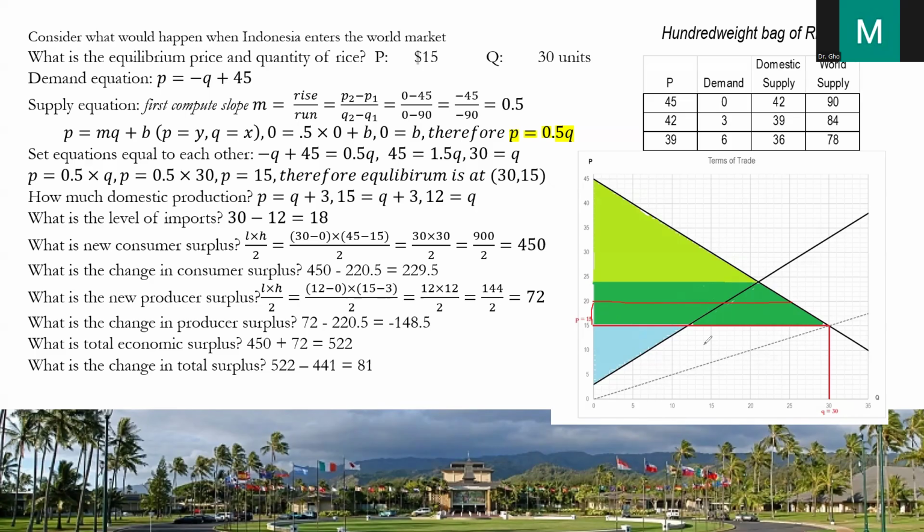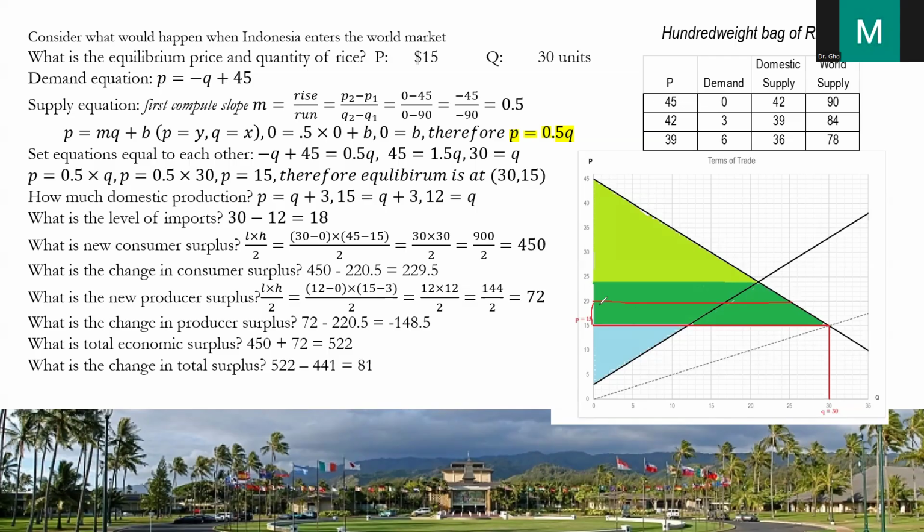So the new consumer surplus is going to be 45 minus 20, which is 25. And at this price, they're buying 25. 25 times 25 is 625, divided by 2, so 312.5 is the new consumer surplus, everything above the price that they pay.